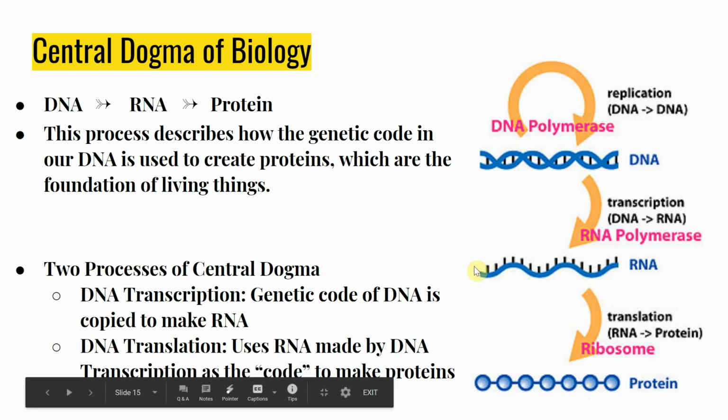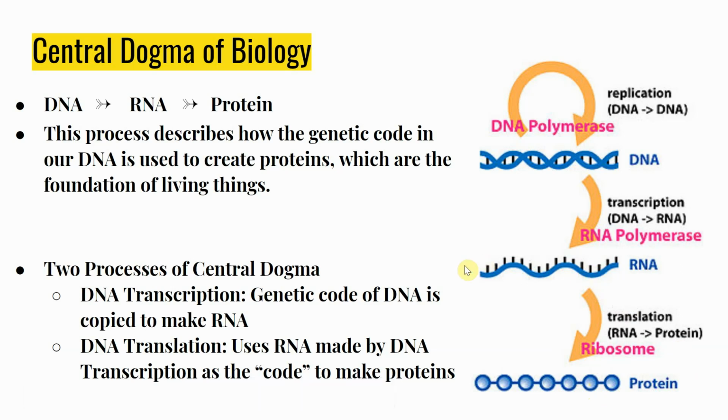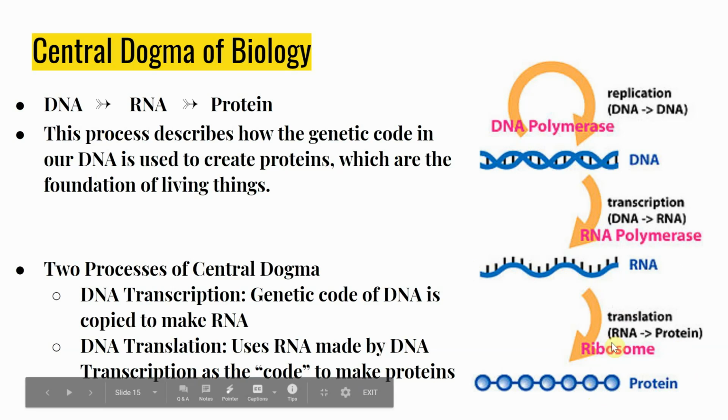So the information contained on our molecule of RNA is going to serve as a template or the code when we create this protein down here. And again, going from DNA to RNA to protein is what we call the central dogma of biology.